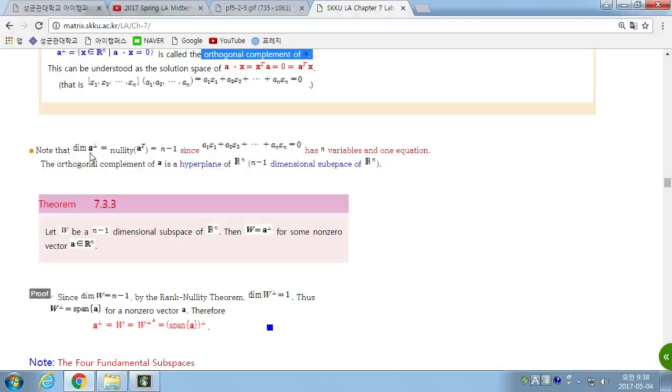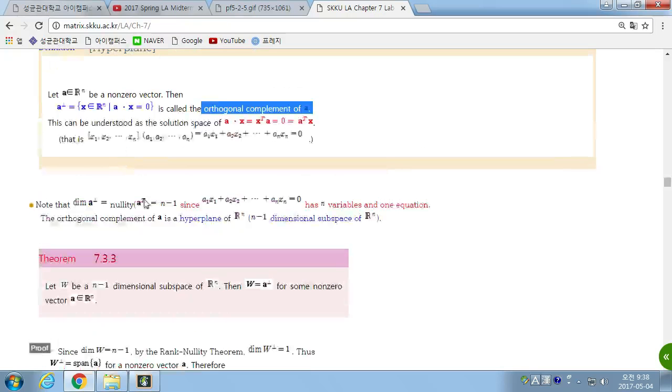Okay, so A perp. So what's the dimension? Dimension of A perp. Then that's exactly same as nullity of A transpose, because this can be written as A transpose times X. A transpose is a matrix, 1 by n matrix, and X is a n by 1. Okay. So this what's the null space?